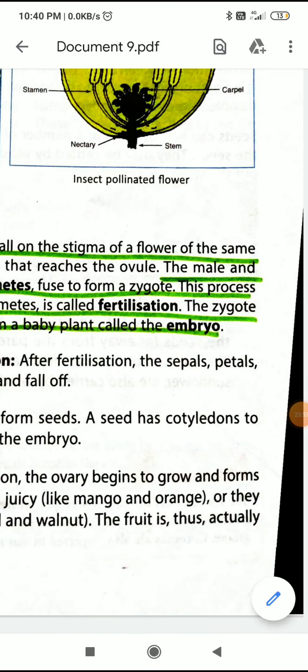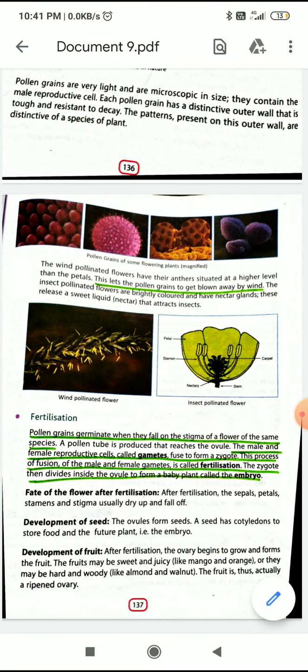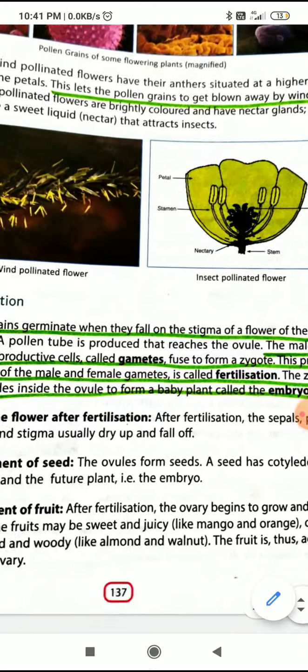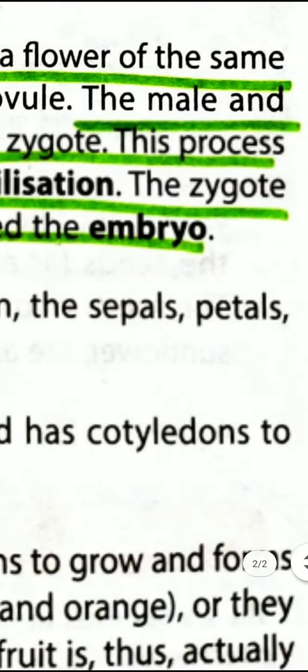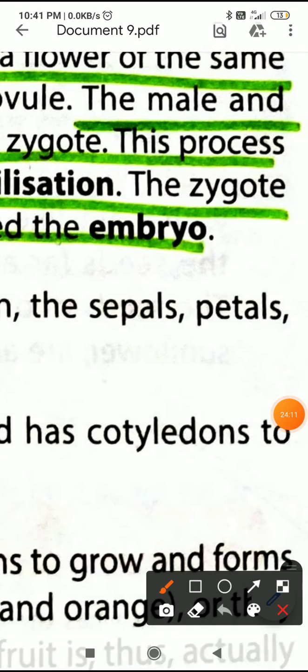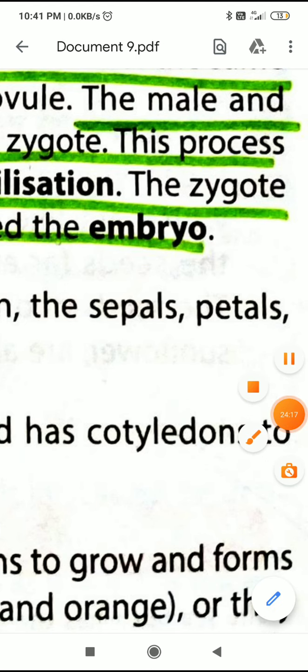Now what will be the next step? After fusion, the zygote is formed and the zygote divides inside the ovule to form a baby plant called the embryo. This is the embryo. So what is an embryo?